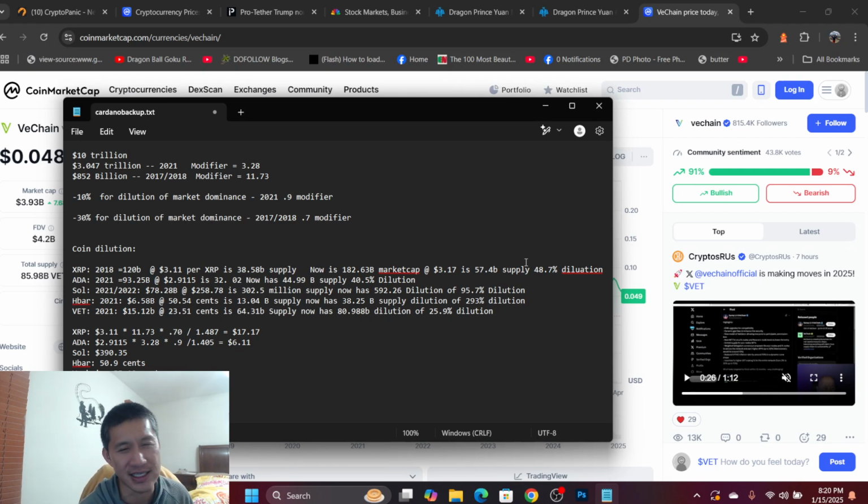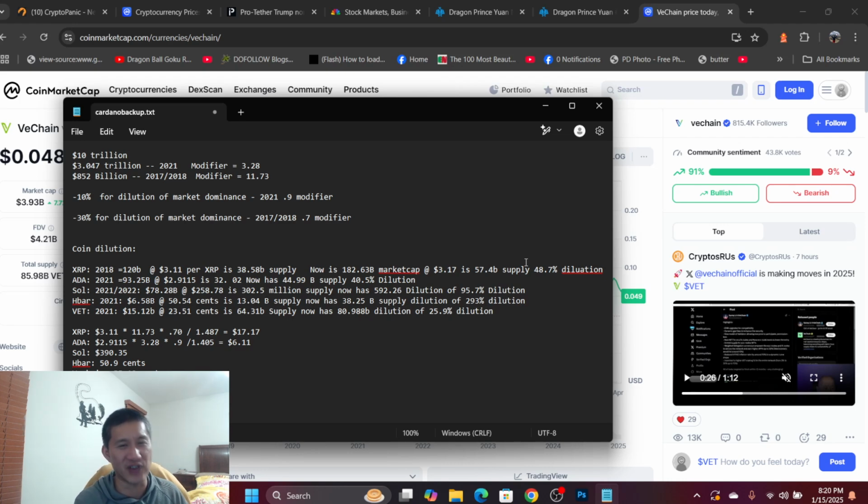Honestly, it should be less than 0.7 for 2017, 2018 because a lot of the big stable coins, especially Tether, came up between 2017, 2018 and 2021. It might have started before then, but it came up within those years, and that diluted the market a lot, as well as a lot of the other big coins that we have now. So it should probably be 0.55, 0.6, but I'm going to use 0.7 because that's just the value that I came up with.